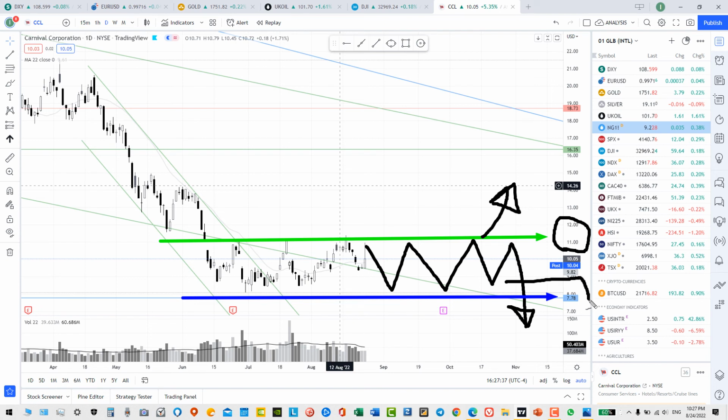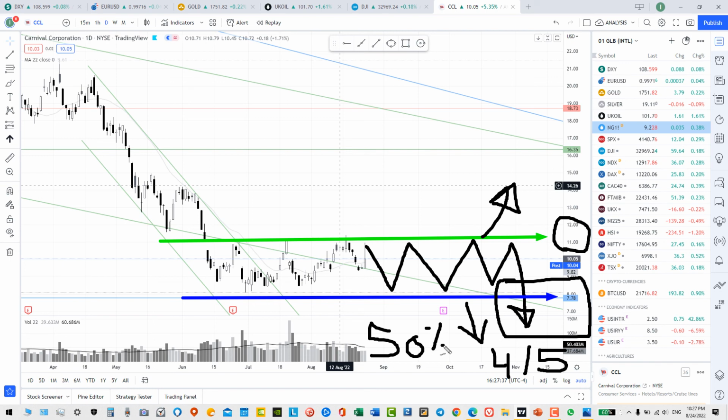Instead, if the $8 is broken to the downside, there are more negative targets which may reach the $4 or $5 zone over the medium and long terms, and this is a 50% loss, maybe more. So please take care, do not get involved in this virtual trade unless $11 is broken to the upside and the 4 conditions required are met, as we have just explained.